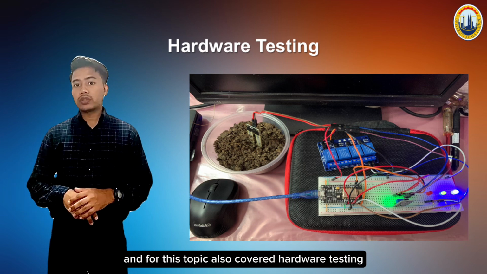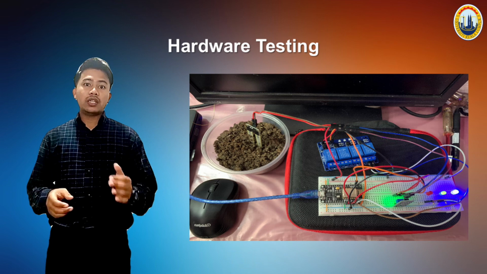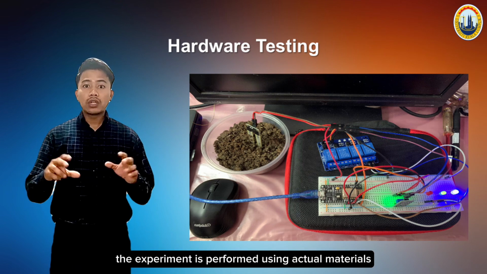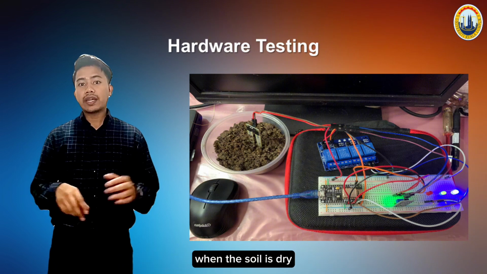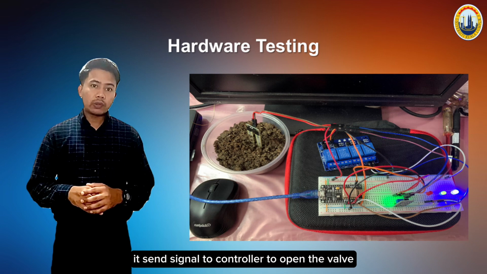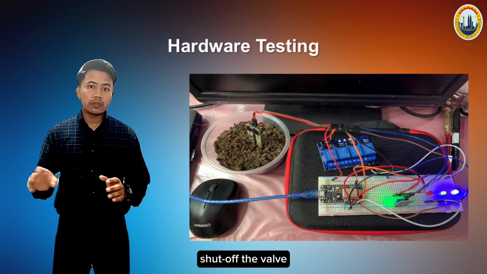This topic also covers hardware testing, which is at this stage the experiment is performed using the actual material. When the soil is dry, it sends a signal to the controller to open the valve. When the soil is wet, it also sends a signal to the controller to shut off the valve.